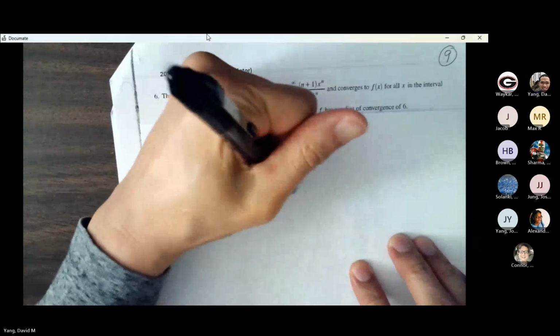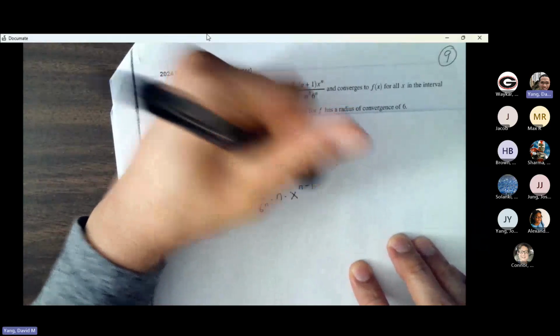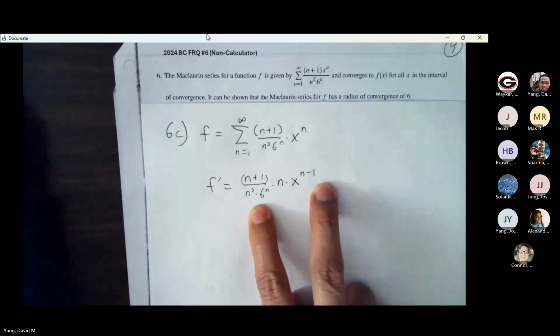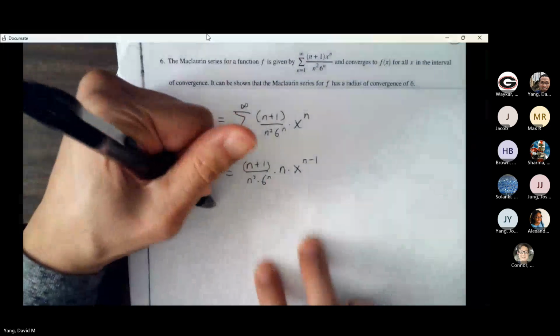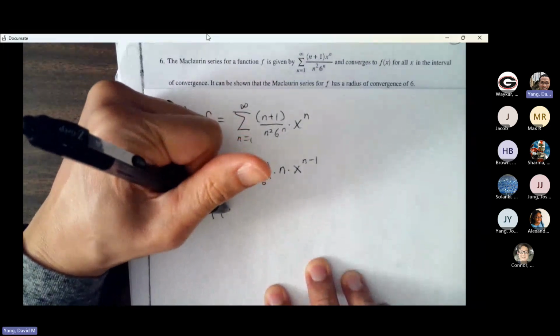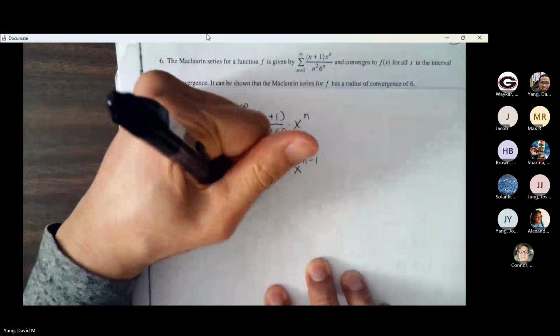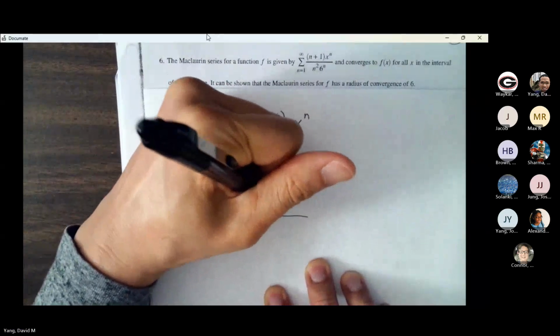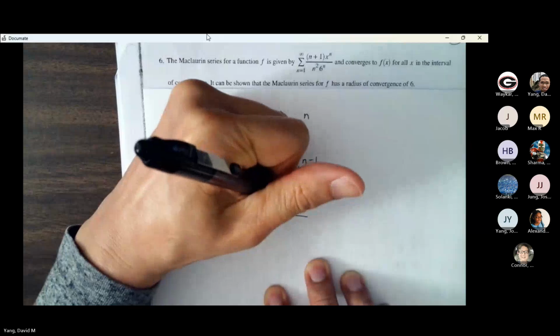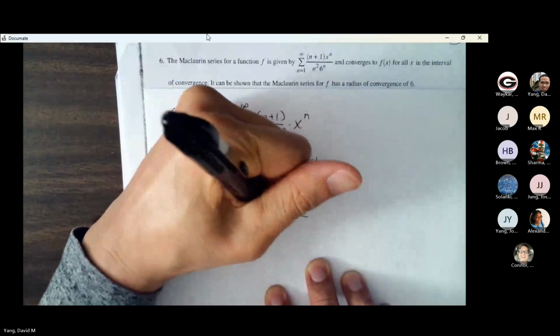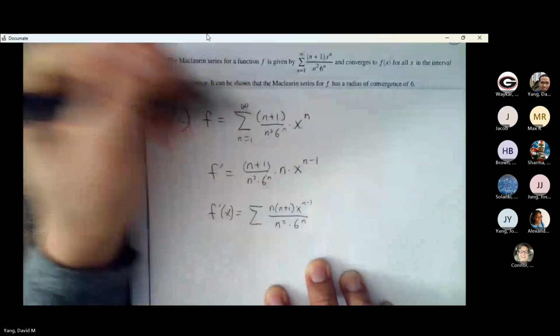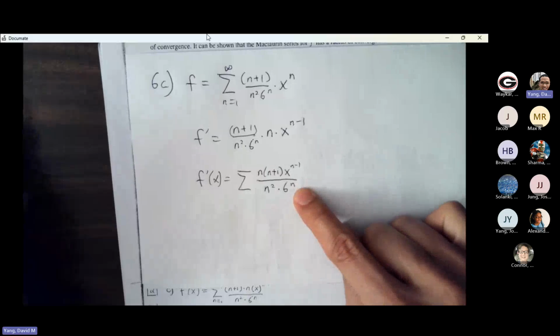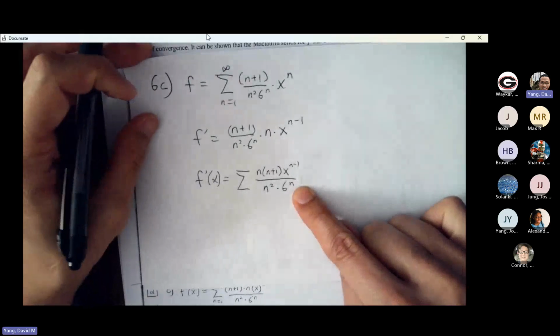And then just doing power rule for that, bring down the n, and the x to the n minus 1. If I clean this up, I can write it this way. And then I can do a ratio test off of that.